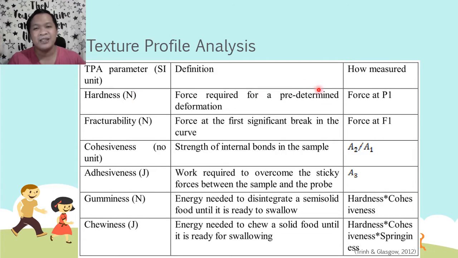Magkaiba yun. Yung interpretation, I mean. Fracturability, force at which the first significant break in the curve happens. So, yun yung F1 sa previous slide. So definitely pag nag-fracture siya, biglang magkakaroon ng drop doon sa force.